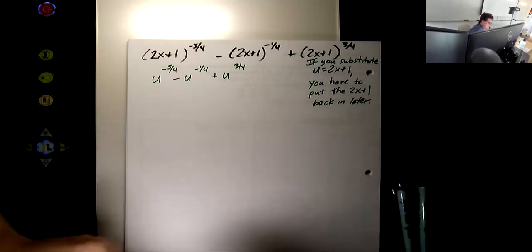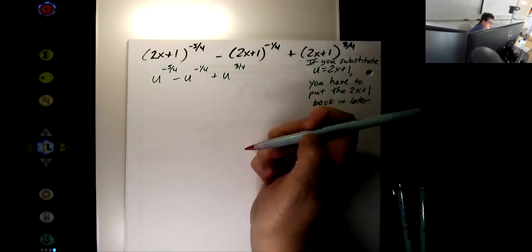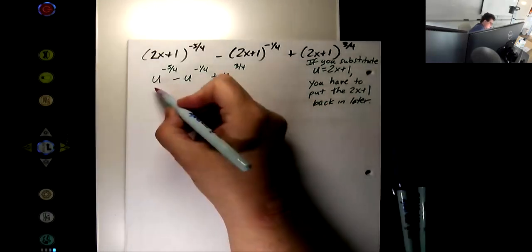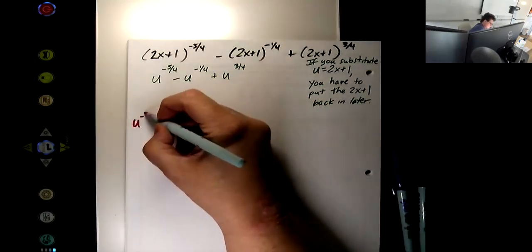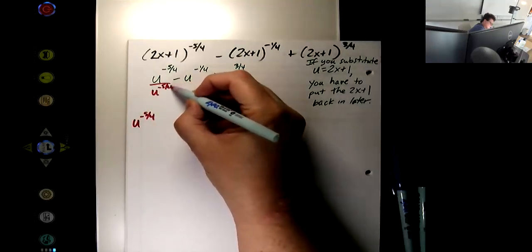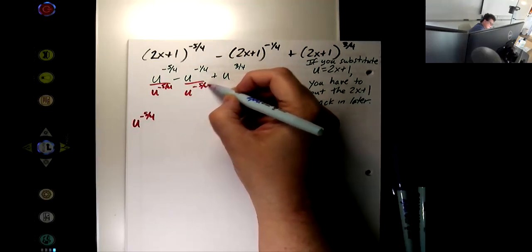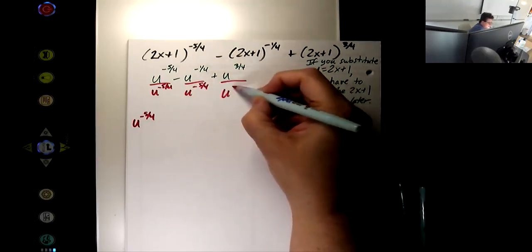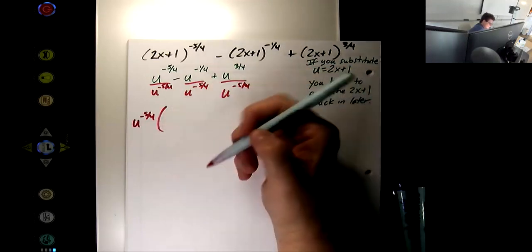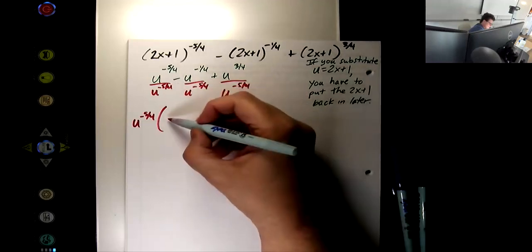What kind of u can I bring out? U to the negative 5/4. If I do that, I'm going to rewrite each of these inside.